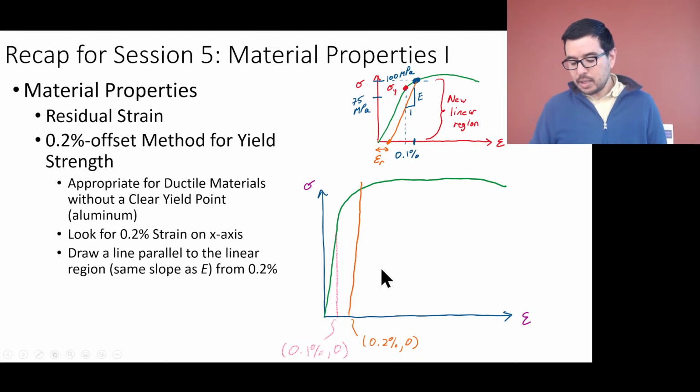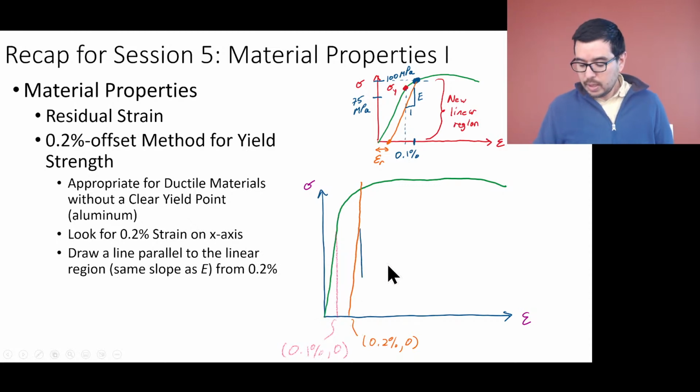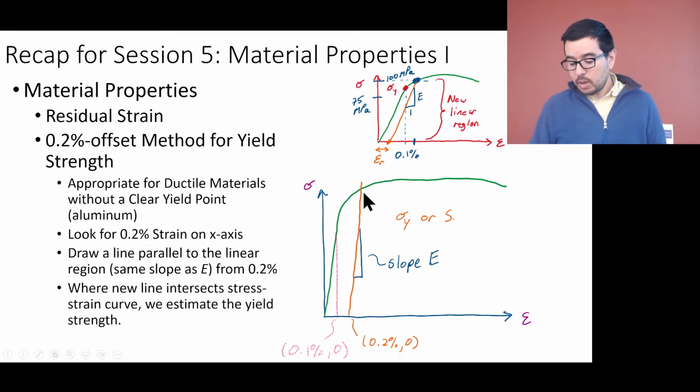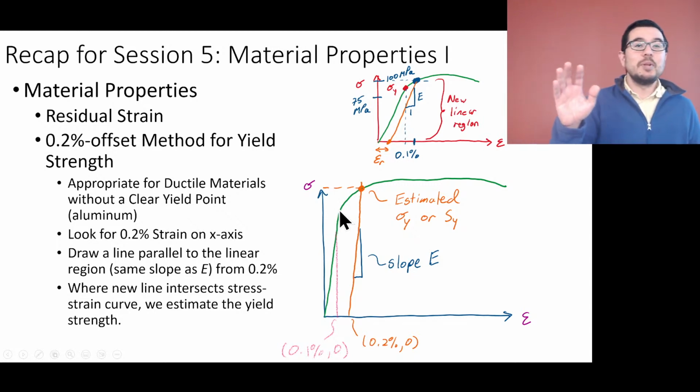With the elastic modulus as the slope. And then we see where this new offset line hits the stress strain curve, and that's what we call the estimated yield strength. Okay. Now, do you think maybe it should be over here because it's kind of yielding? Or do you think it should be over here? A little bit debatable, right?